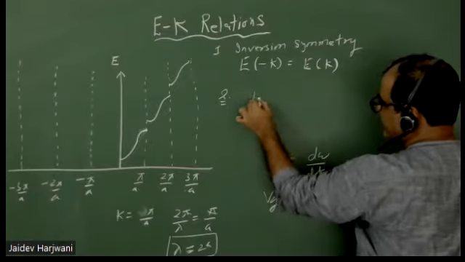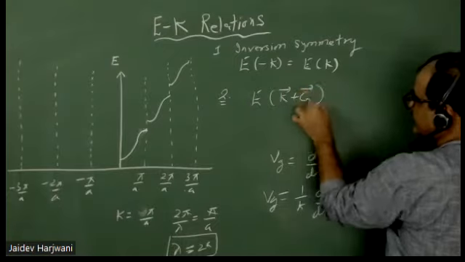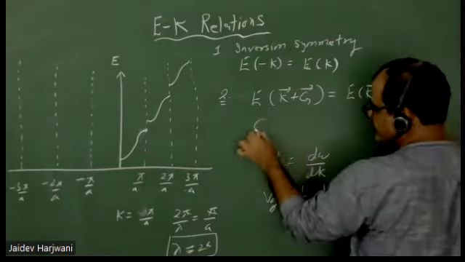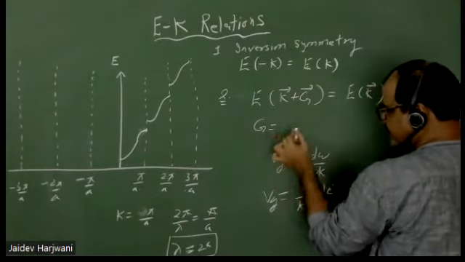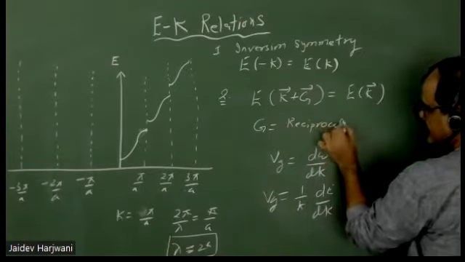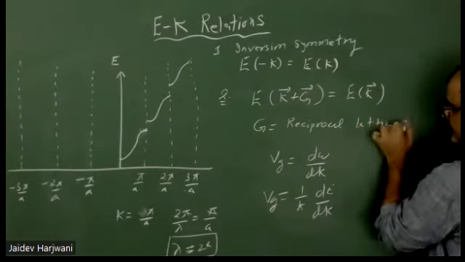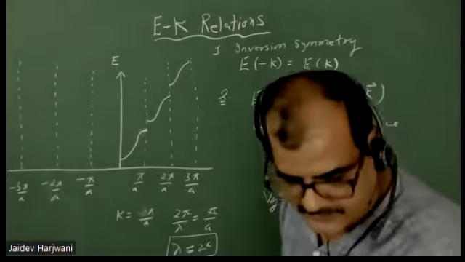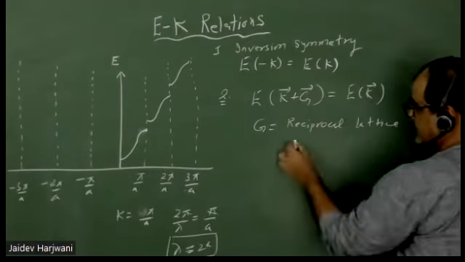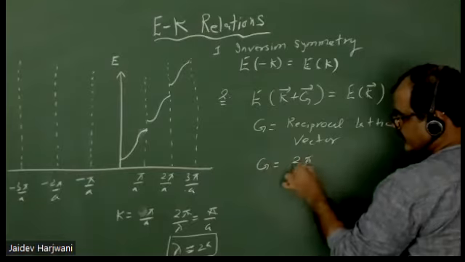Translation symmetry, what does it mean? E(k) plus G will also be equal to your E(k), where G is your reciprocal lattice vector, which is given by G equal to 2 pi by a.